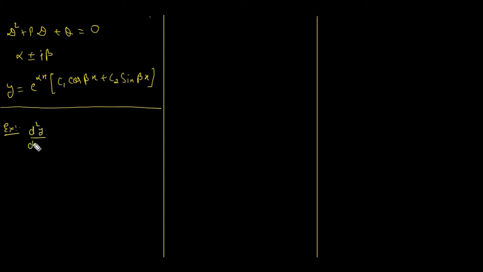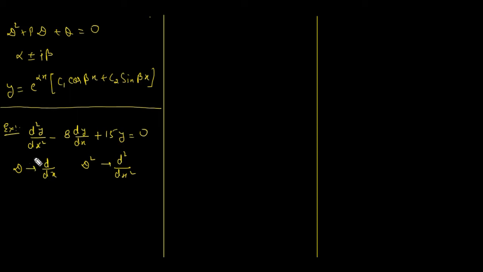d2y by dx square minus 8 dy by dx plus 15y. Now we will replace d by dx with D and d square y by dx square with D square.